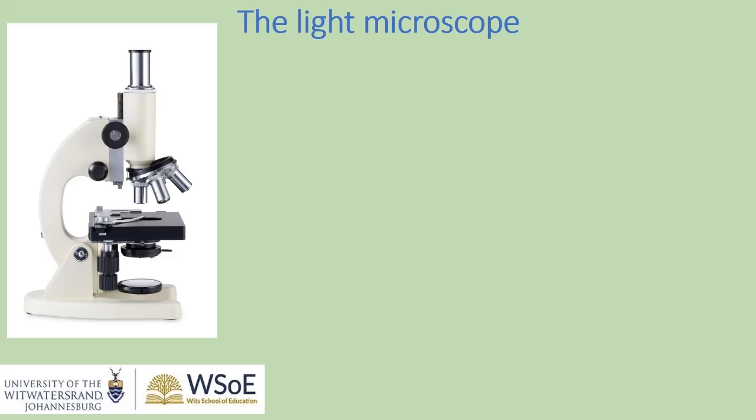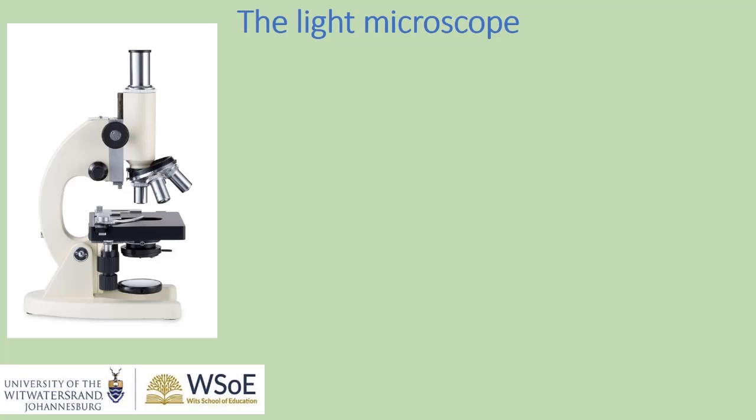Now that, with the magnification of the lens in the eyepiece or the ocular lens, gives you a total magnification. So if the ocular lens magnifies by 10 and the first objective magnifies by 10, the total magnification would be 100 times.